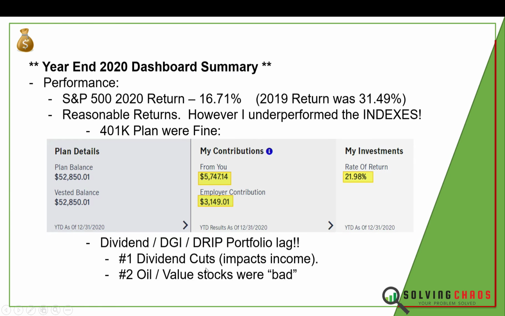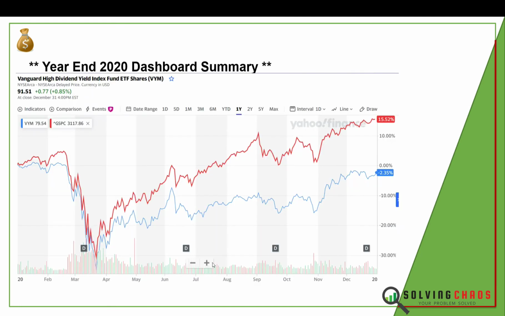So this year, if you're a dividend collector, you noticed some dividend cuts. The other thing is some industries that were historically big dividend payers were doing really badly. Oil, a lot of value stocks were bad this year. Anything that's a REIT took a hit. So if you own Simon Property Group or some of those other retail investor type businesses, they did poorly. And I'll show you what I mean.